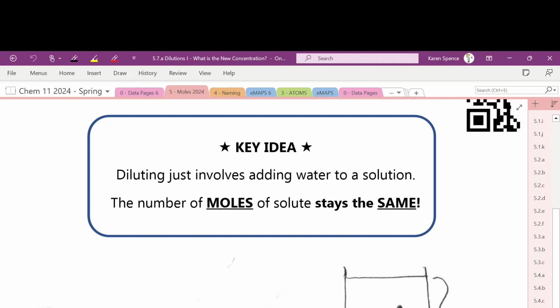So I'm going to get a beaker here. And we're going to put some water in it so you can really visualize this. It's in 2D up there, but let's have it in 3D.